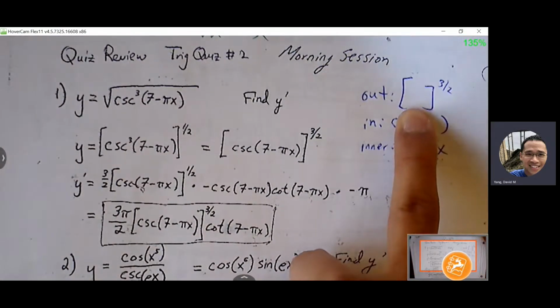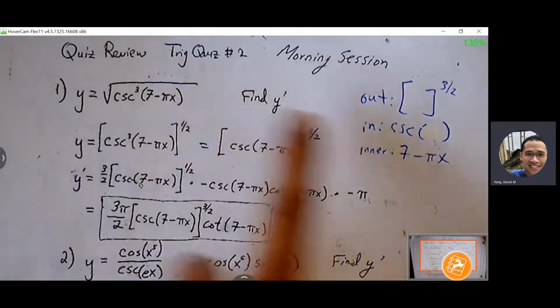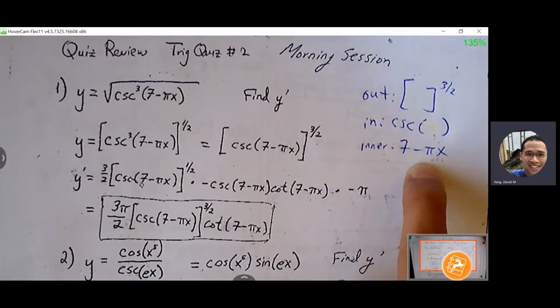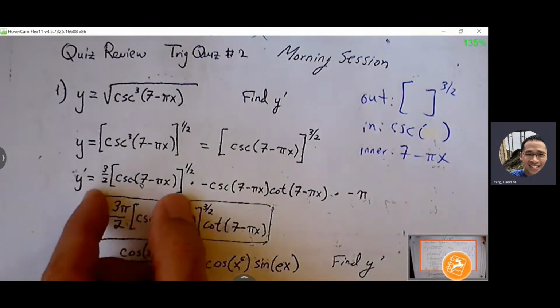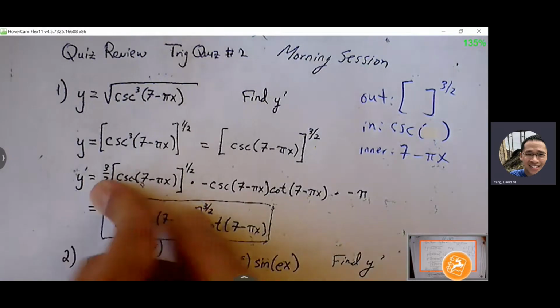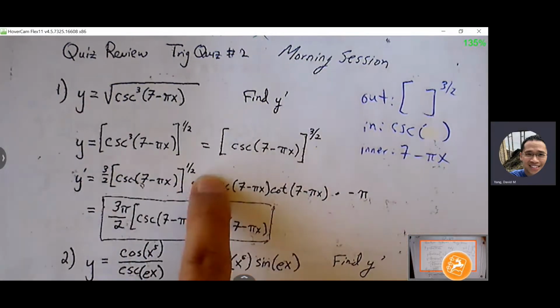Outside function is that bracket to the 3/2. Inside is the cosecant parentheses. And the inner portion is that 7 minus pi x. All right, we take turns with each derivative. Bracket to 3/2 becomes 3/2 bracket to the 1/2, right? Bring down the exponent, subtract 1 from the exponent.